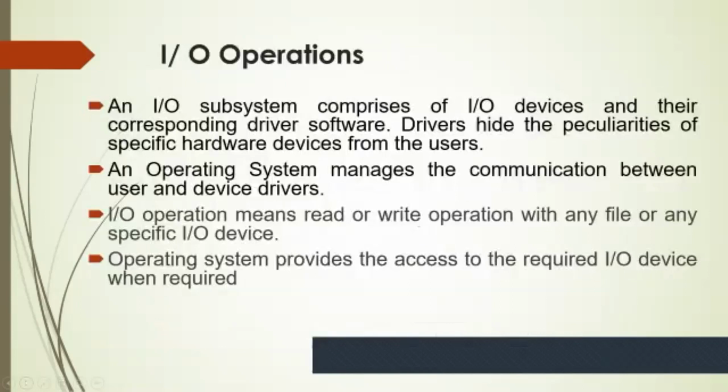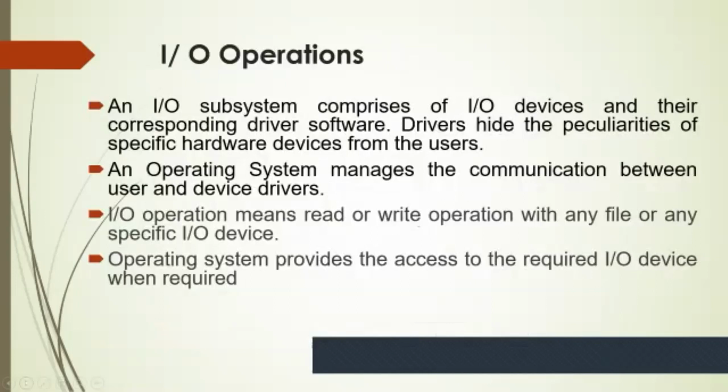IO operations: these are the different IO operations. The operating system provides access to the required IO device whenever required. These are different operating system operations. An operating system manages the communication between user and device driver.